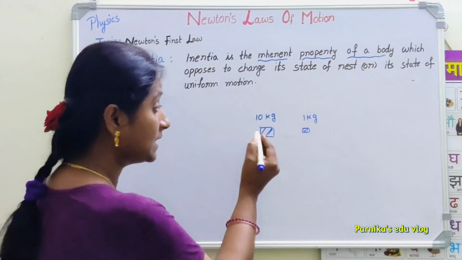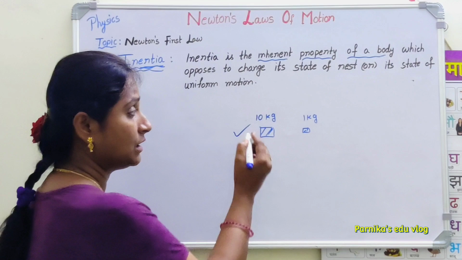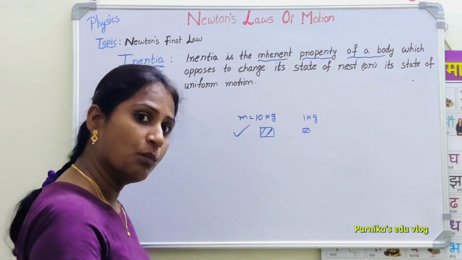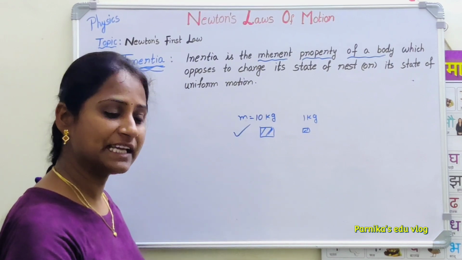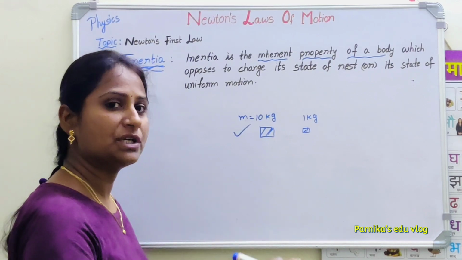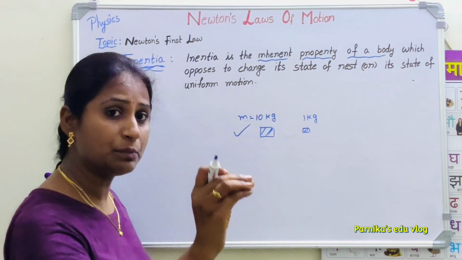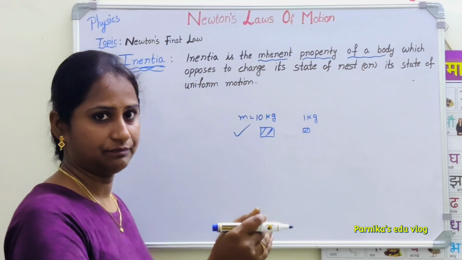Yes. The object which has more mass has more inertia. That means the mass of an object is directly proportional to its inertia. This is also one of the important points you need to remember. More mass, more inertia, right?